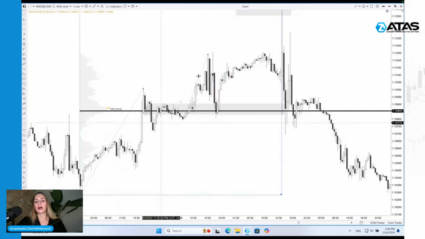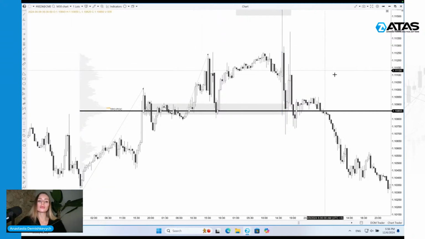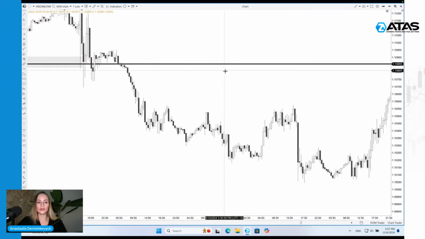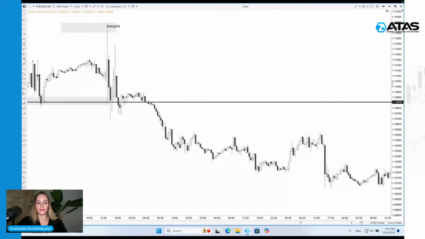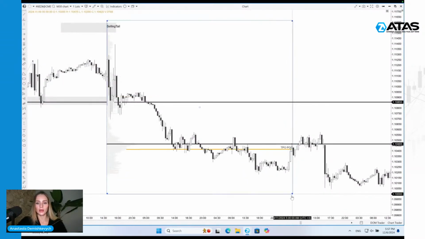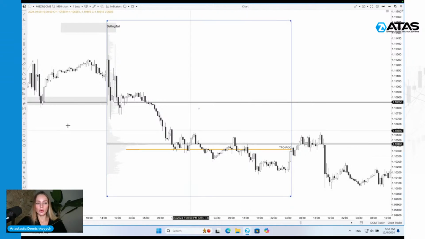If the price is moving up, I want to see the price located above the high volume node. If I were looking for a downward movement, like for example this move to the downside, and this is a high volume node, I would wait until the price is below.